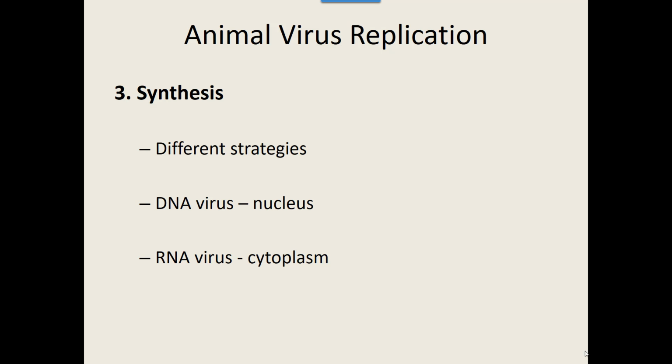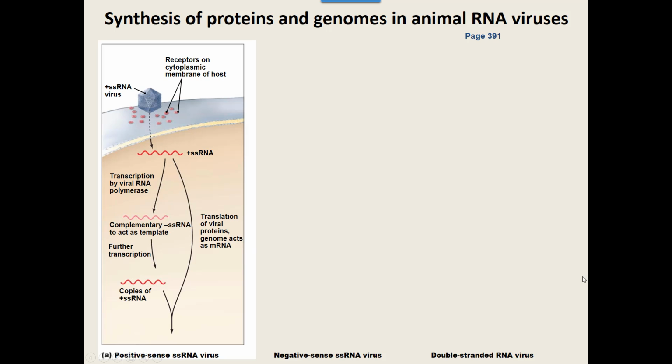And so how they replicate and how they make that new genetic material and the proteins for the protein coat varies. So if a virus has the positive strand, single-stranded RNA, the ribosome can recognize that positive strand. It can translate it into proteins. It's pretty easy for translation to happen.